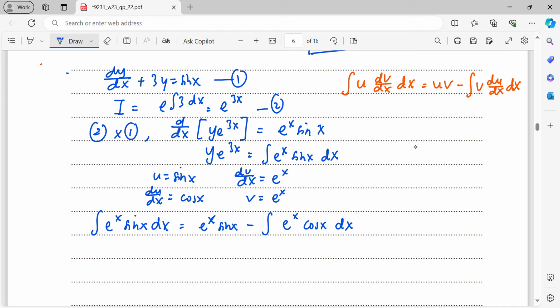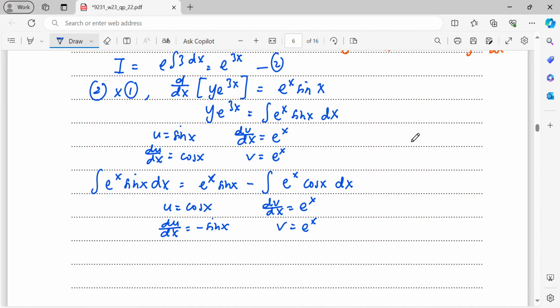Now again, e^x cos x, just now was e^x sin x. So now repeat the integration by parts one more time. So u equals cos x, du/dx, integrate cos is minus sine. Then dv/dx remains as e^x. Your v is e^x because when you integrate the exponential function, you get back the exponential function.